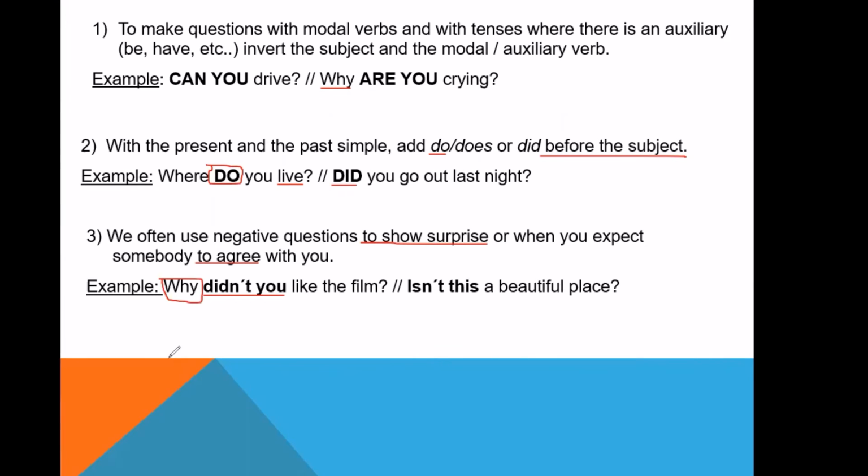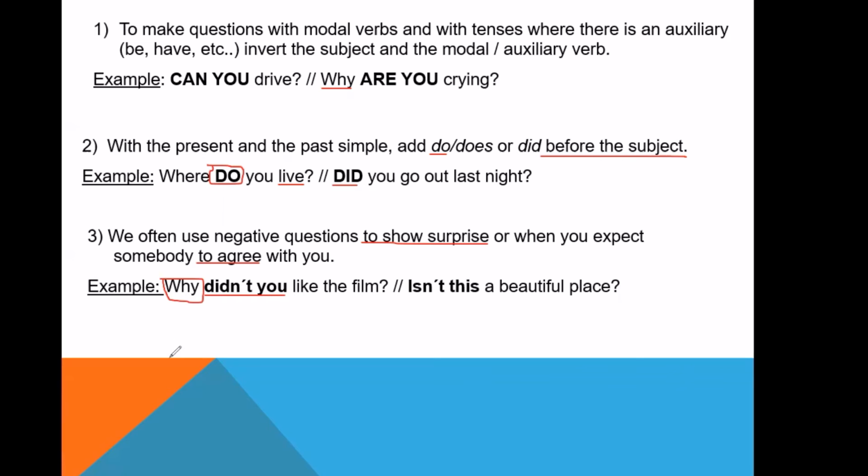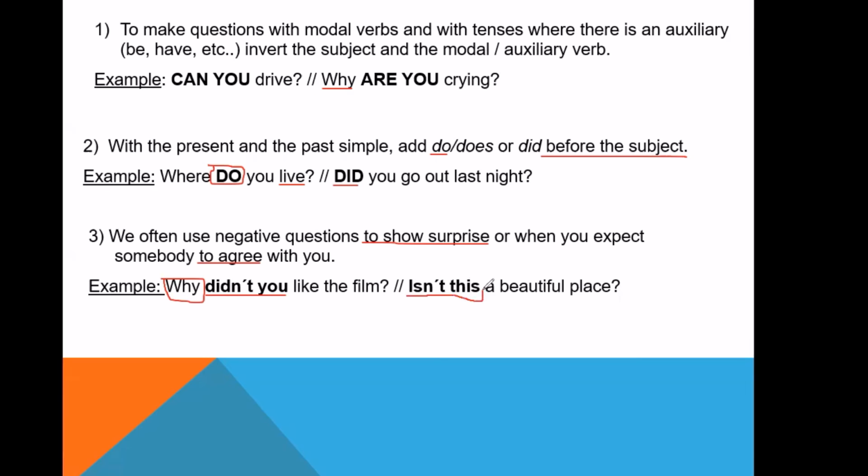If my interlocutor agrees with me, he's going to say, yes, it is. It's wonderful. If not, you can say something like, well, no, I don't like this place. No, this isn't a beautiful place. So here I have a yes no negative question, with the verb be. Isn't this a beautiful place? So these are two examples of negative questions.